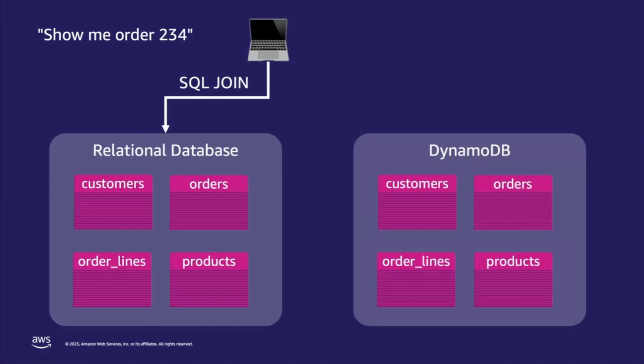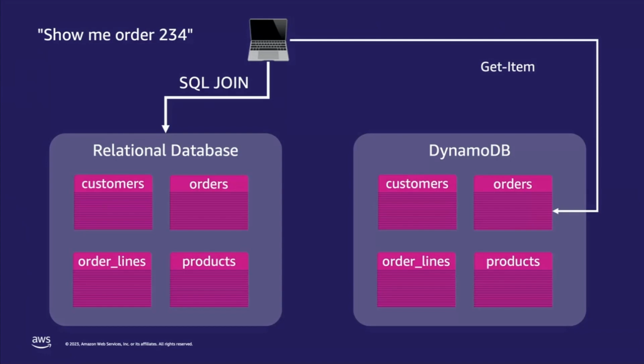Now with DynamoDB, because we don't have joins, we might still have the same 4 tables. If we don't really model, if we just migrate everything one for one, then we have 4 separate tables just like before. But it may not be a good model, because look at the access patterns. First, look in the orders table for that order 234, find it. Notice that there's a customer ID attached to that. Do a second call to the customer table, get that customer information, because you want to return that to the user as well.